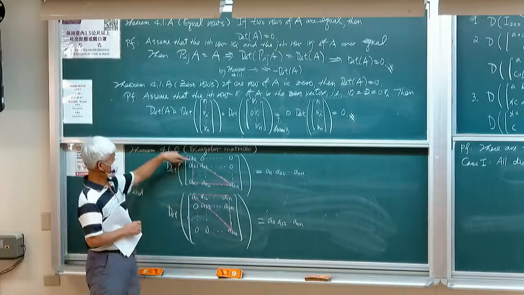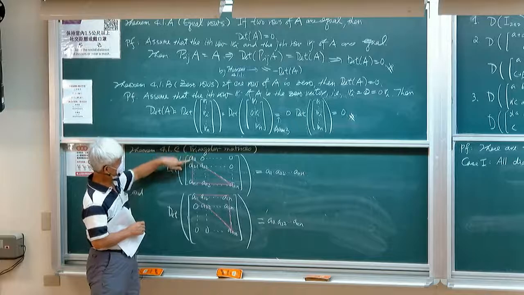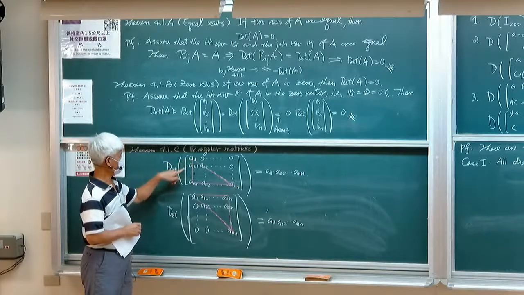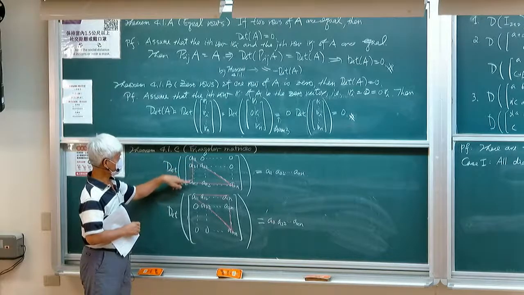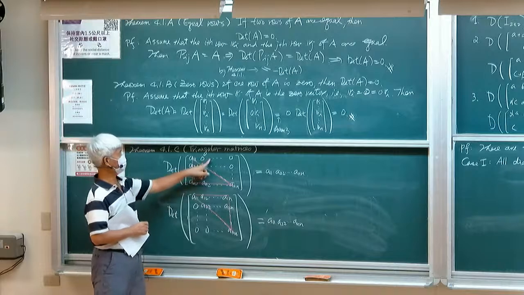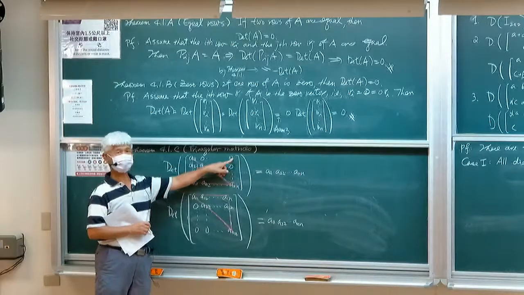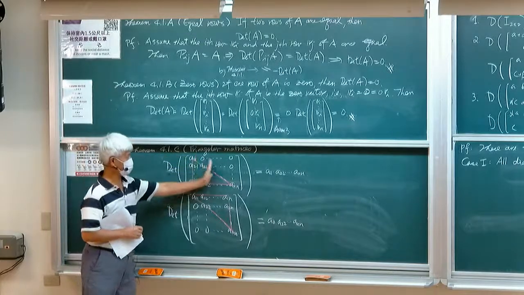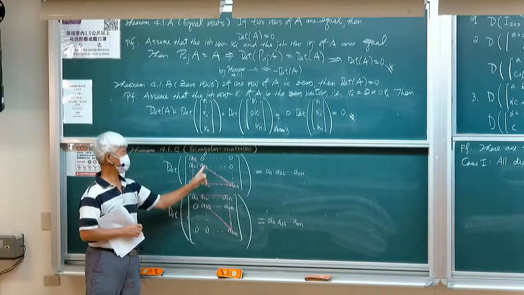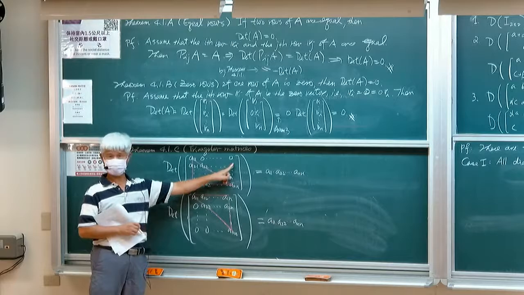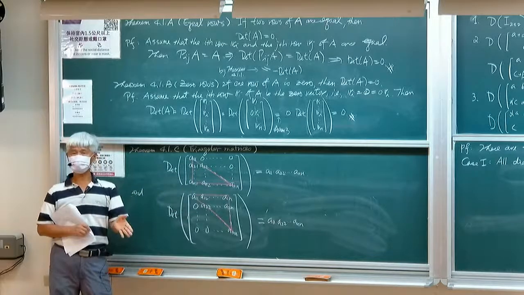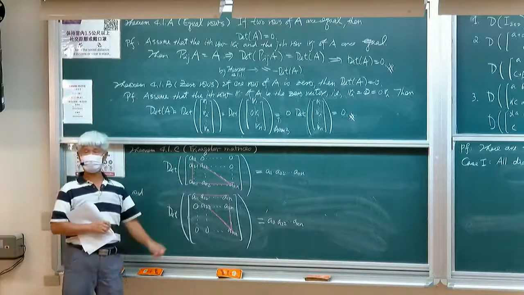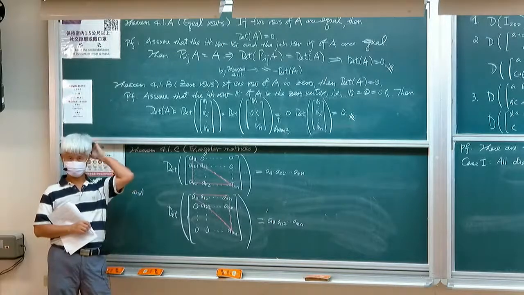For example, A11 can be used to eliminate all the entries, because you have all 0s here. So when you do the replacement, you will not affect anything here. That is the nice structure of lower triangular matrices.